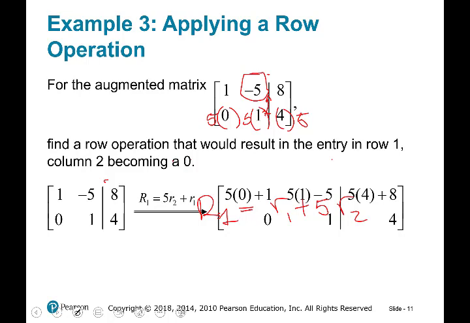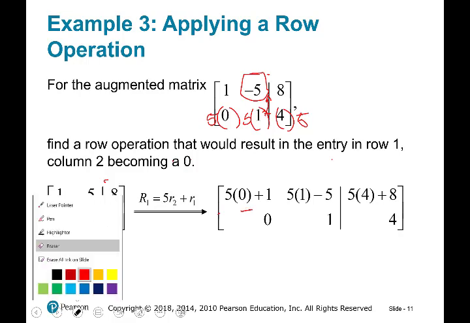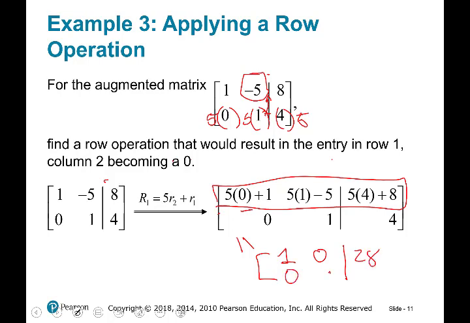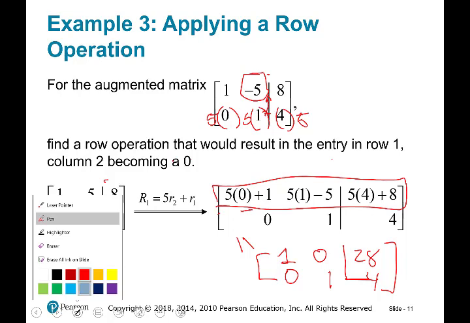Okay, so I will get something like this. A new operation. So this becomes 1, 0, 28, 0, 1, and 4. Actually, let's take a look at this in the system of equations.